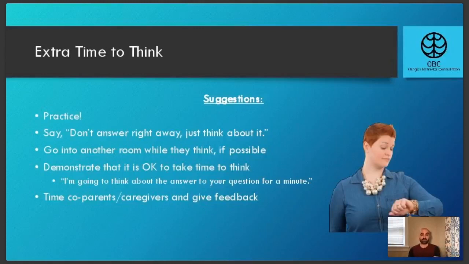And then if possible, we kind of want to disengage completely, depending on the subject matter that we're talking about, right? If we're talking about something that has to do with behaviors, something that might escalate them, or just something that's complicated, maybe about how they're getting along with other kids at school, if we can disengage and leave the room and really let them think, we can see if that helps them to give us a more clear or thought out answer.